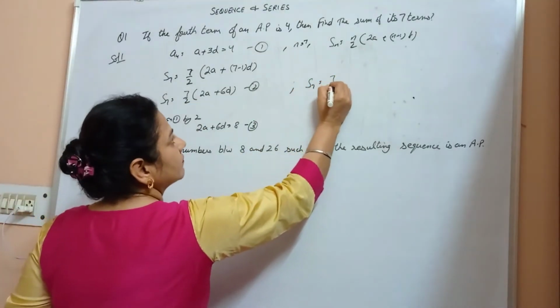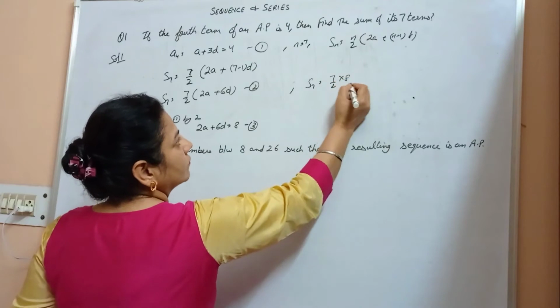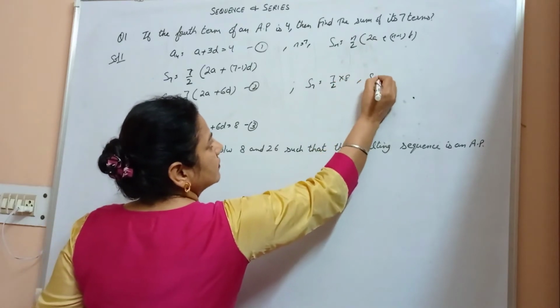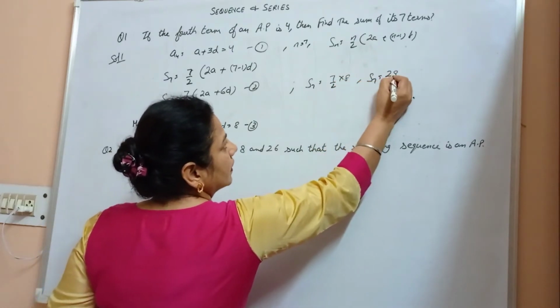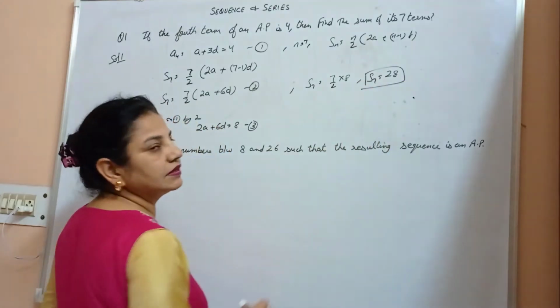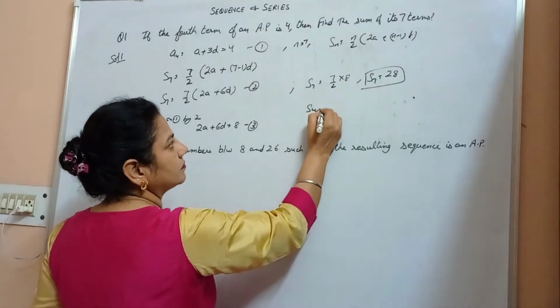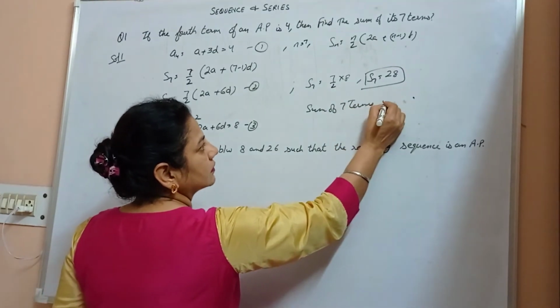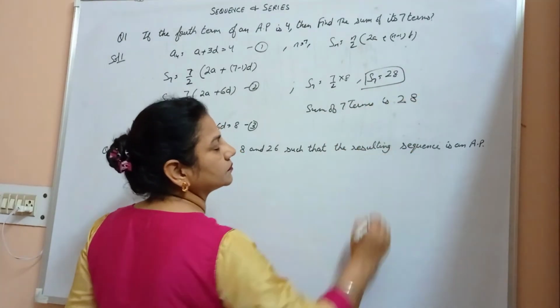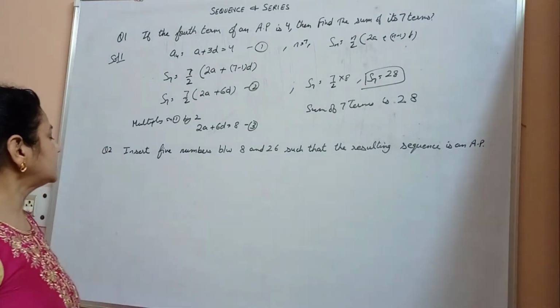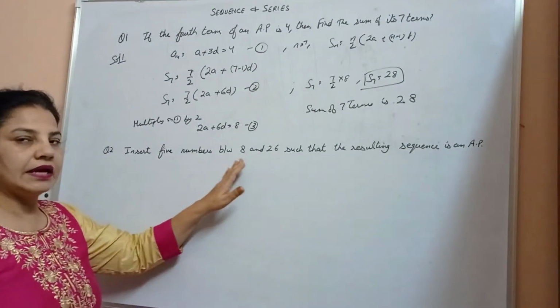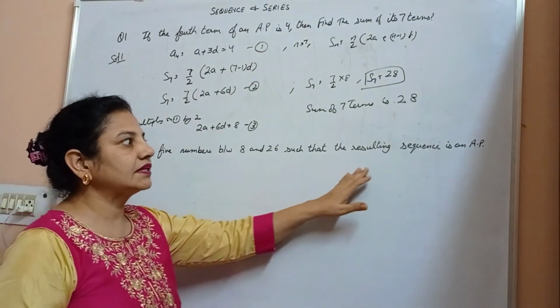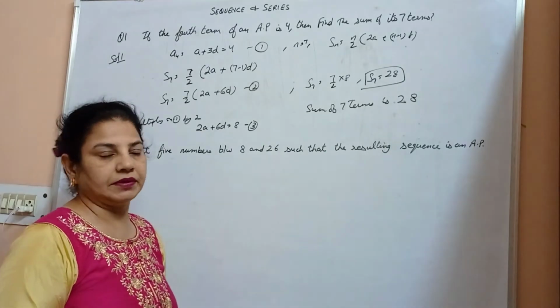S7 is equal to 7 by 2 into 8, which is S7 is equal to 28. So the sum of 7 terms is 28.